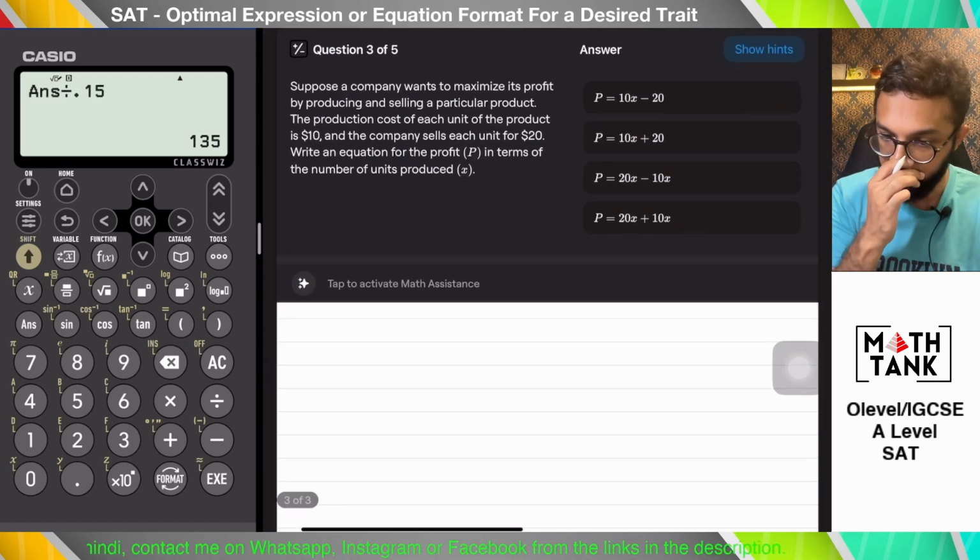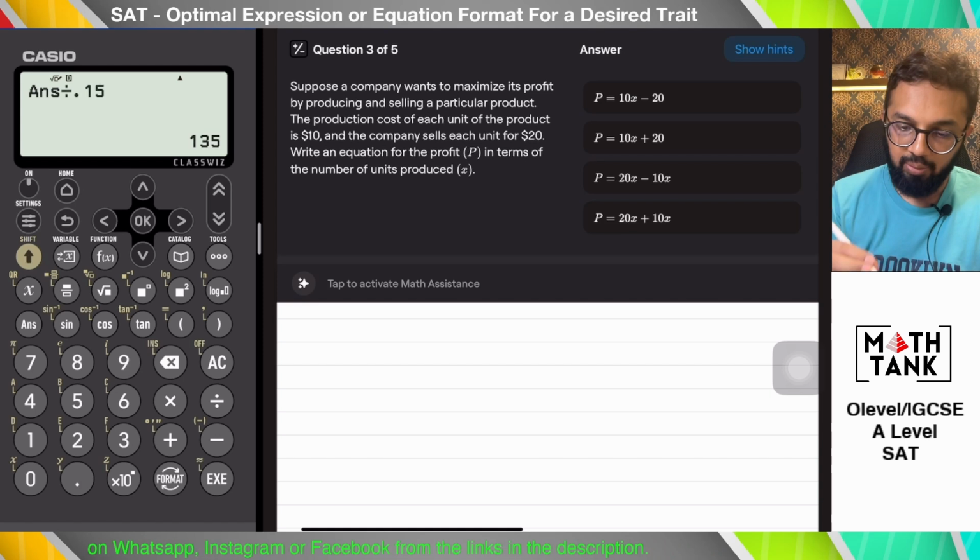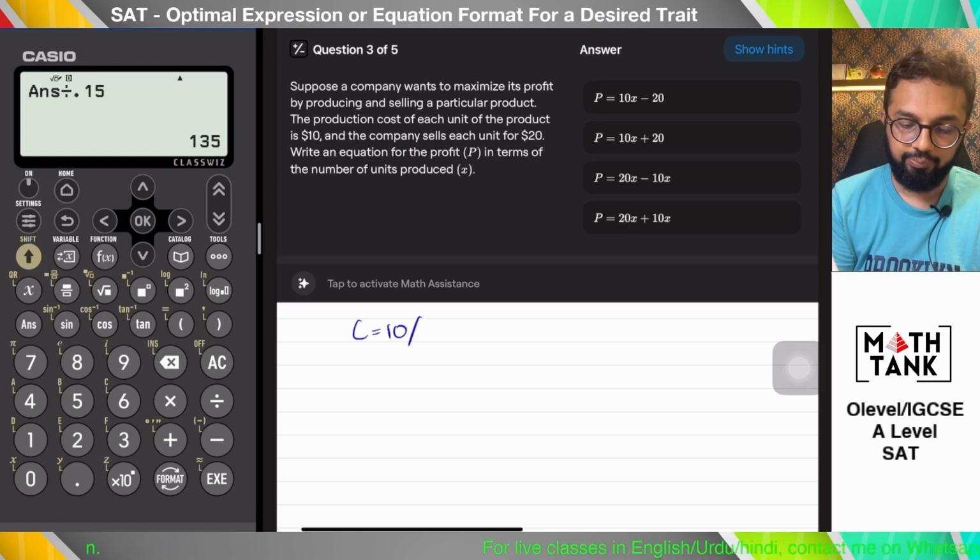It says, suppose a company wants to maximize its profit by producing and selling a particular product. The production cost of each unit of the product is $10, and the company sells each unit for $20.